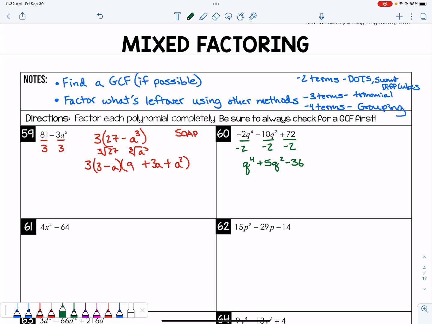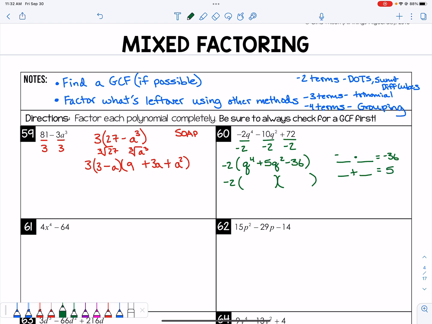So then I need to leave negative 2 out front because that was my greatest common factor. And what I have left is a trinomial, so I need to break that up into 2 binomials. And I need to think of what would help me to multiply to get negative 36 and also add to give me 5.